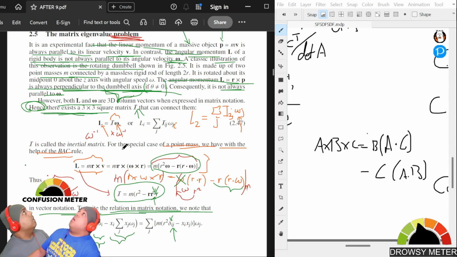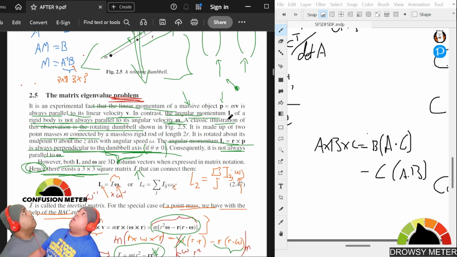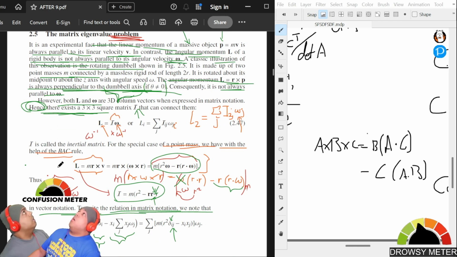I is called the inertial matrix. L equals m r cross v. L equals m r squared omega minus r. You can get the angular momentum from the angular velocity.